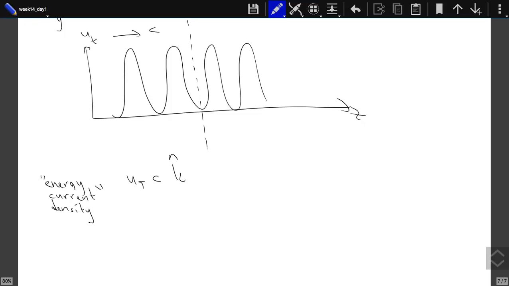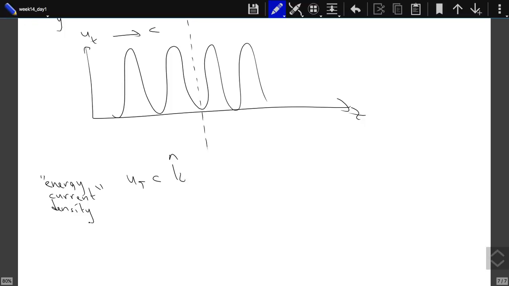If you remember how we defined the electric current density, we imagined a surface area and counted how much charge passes through it per unit time, per unit area. Now we do the same thing over here, but not for the charges, for the energy. We have this area, we measure how much energy passes through it per unit time, divide by the area, and obtain the energy current density.